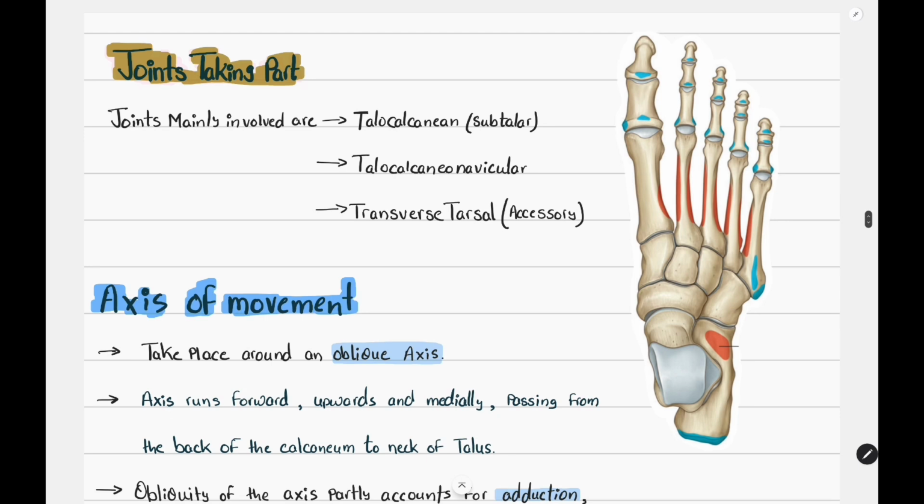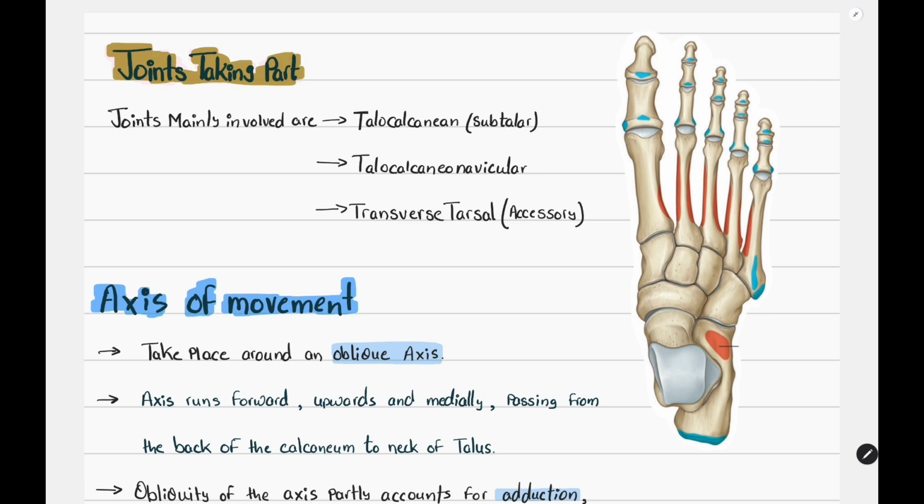So, joints taking part. In this kind of movement, there are basically two principal joints and one accessory joint that help in achieving this movement. The two principal joints are the talocalcanean joint, also known as the subtalar joint, and the talocalcaneonavicular joint. I have already covered these two joints in my video on arches of foot. This is the talus bone and this is the calcaneum bone. The joint between these two is responsible for accomplishment of the movement.